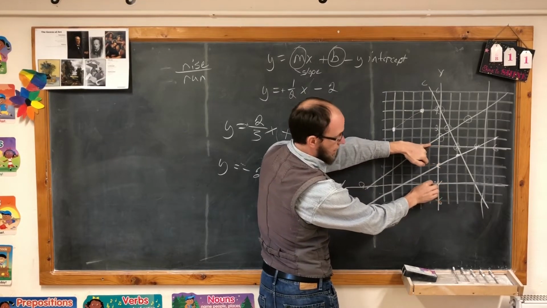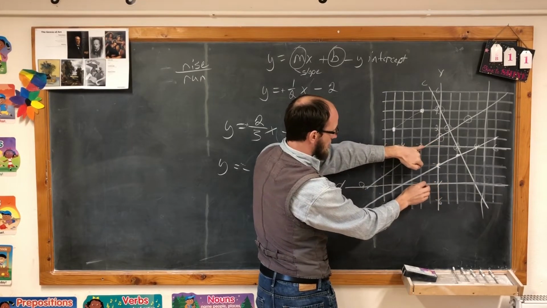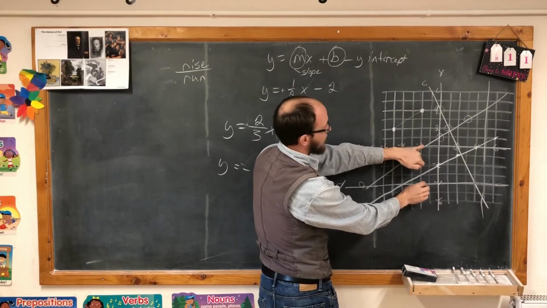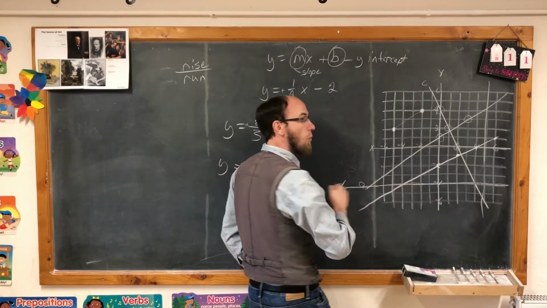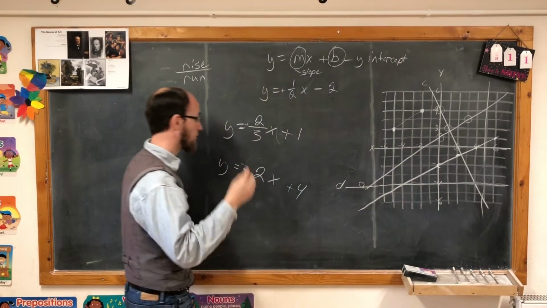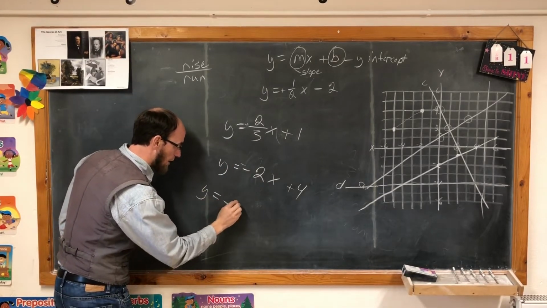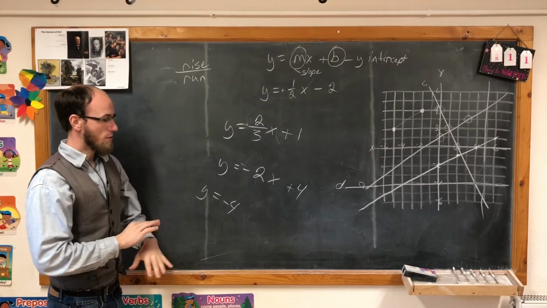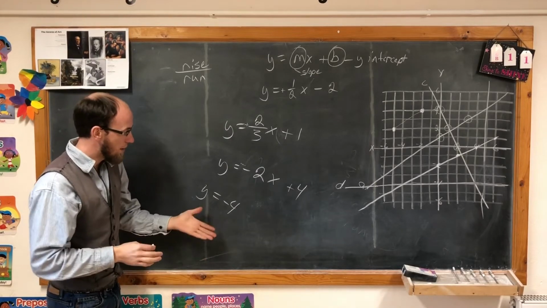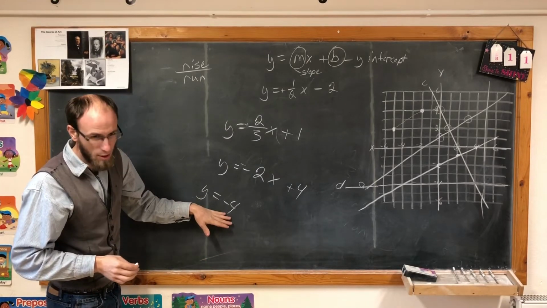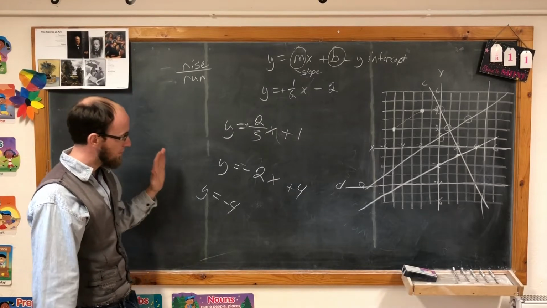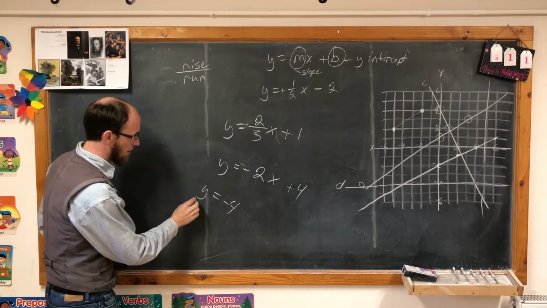When x is negative 1, y is negative 4. X is negative 2, y is negative 4. Y is always negative 4. Therefore, the formula for that line is this. Y equals negative 4. There's no slope. The y-intercept, I guess, is understood here. Y equals negative 4. But that is the basic formula for the line.